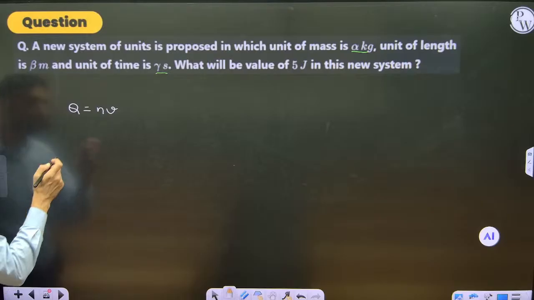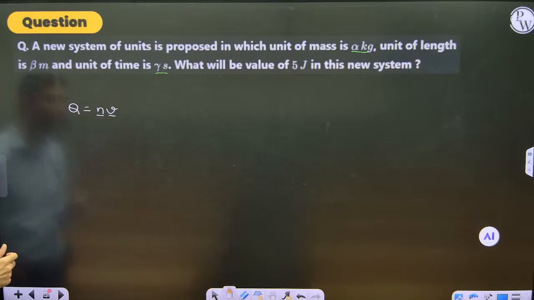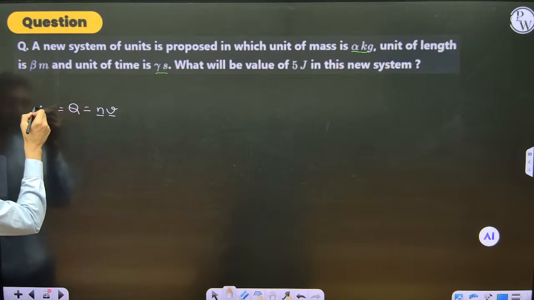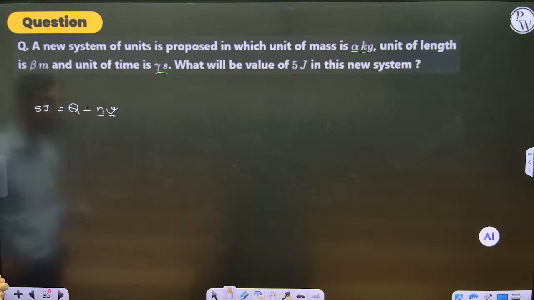So that means we want to find out N and we want to find out U, right? The quantity that we have is 5 joule, and we have to find the number and the unit, both.